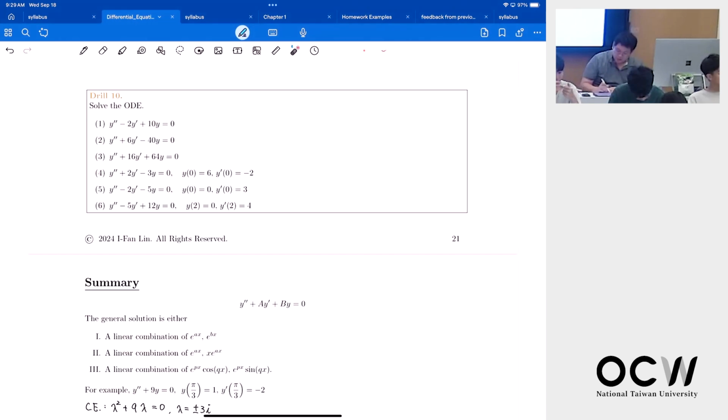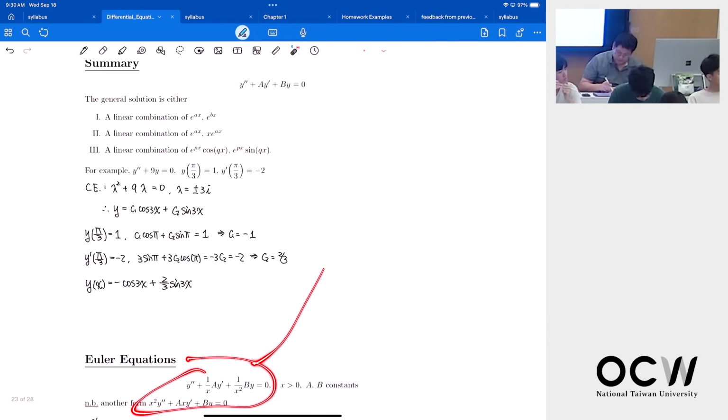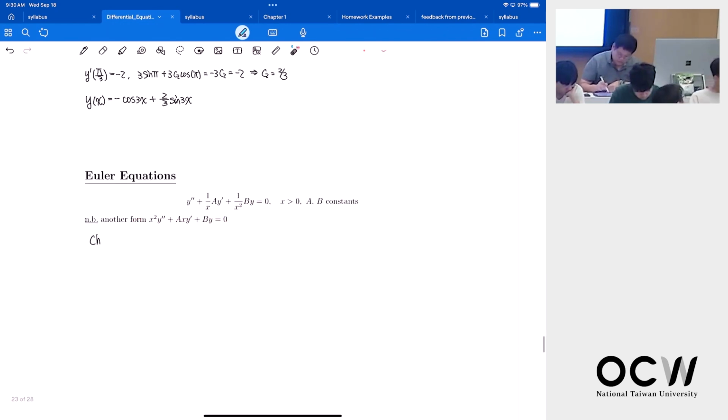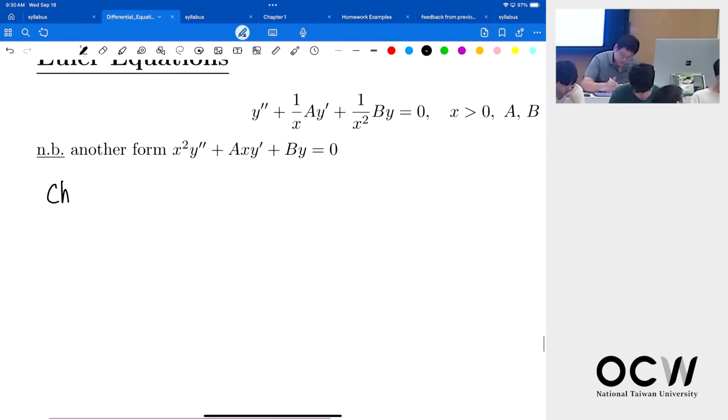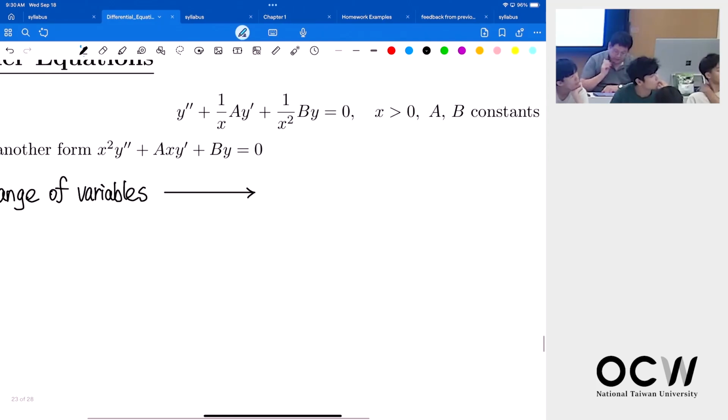So we try to make this equation into a constant coefficient differential equation. So we need to change the variable. When we do the change of variables, we can get a constant coefficient second order linear differential equation.